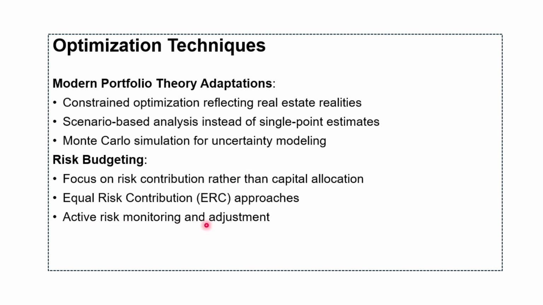And then we have active risk monitoring and adjustments. This involves continuous assessment and adjustment based on changing risk profiles and market conditions. These techniques help create a more robust portfolio that can adapt to changing market conditions while maintaining a disciplined approach to risk and return optimization.